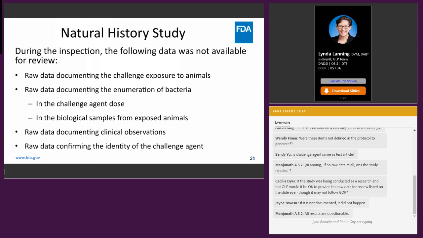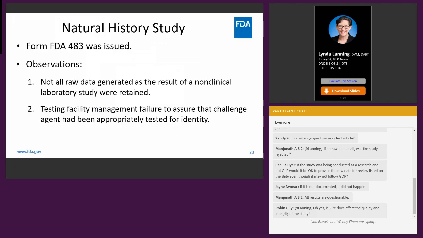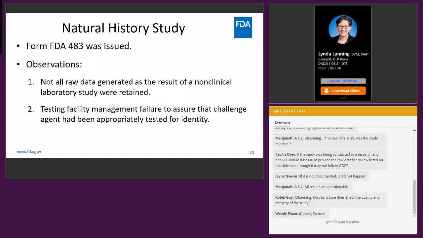So let's go to the next slide for the rest of the story. In this case, a Form FDA 483 was issued with two observations.